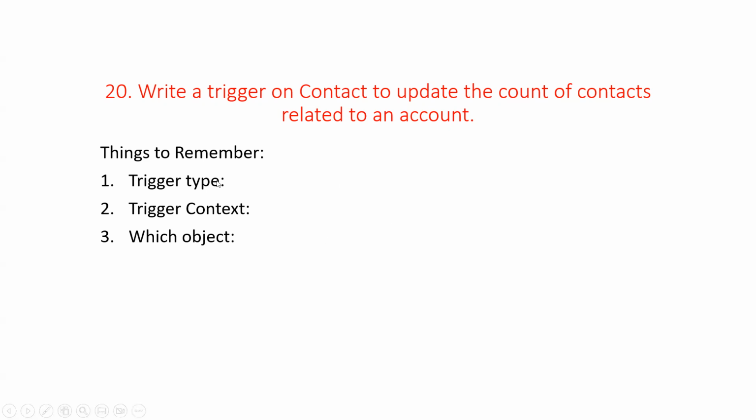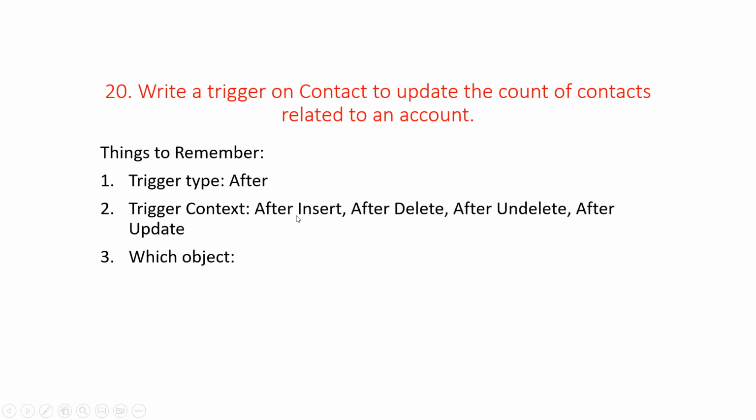So let's see the things to remember. The trigger type is after, because this should happen right after performing the operation. The trigger context should cover a lot of things. That means it's going to summarize all those things we discussed in the previous scenarios, which are after insert, after delete, after undelete, and after update. This should happen on the contact object.